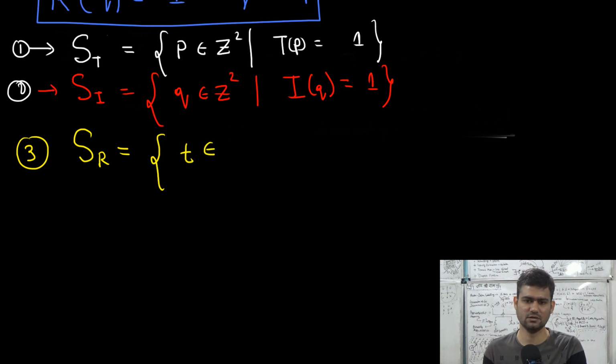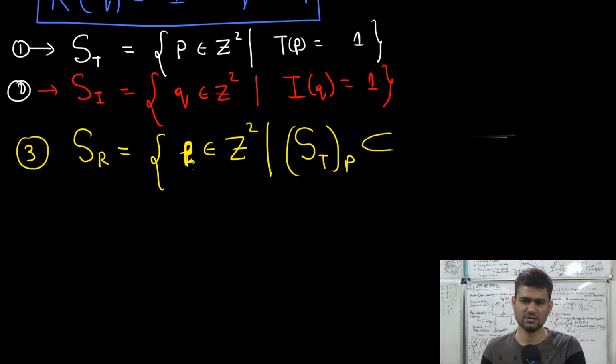We'll just use P over here because it would be confusing to use T because we have T over here. So just to make the notations clear, it's a set of all coordinates P in Z square such that ST translated by P is a subset of our set Si.